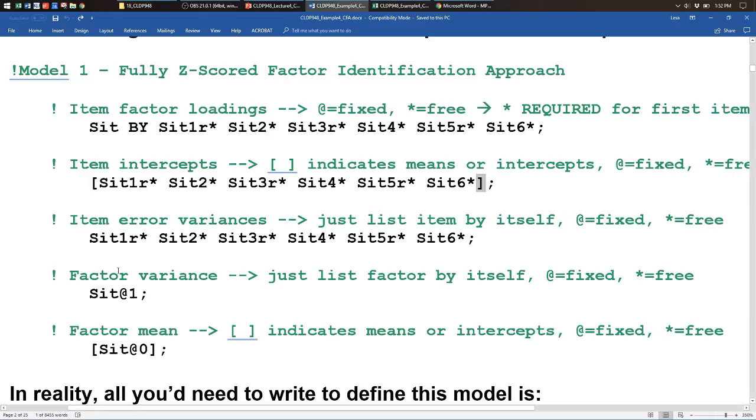Likewise, the same words listed with stars again, no brackets, no at sign in front of it. These are variances. And returning back to my previous example here on the board, E in the empty model, because y hasn't been predicted by anything, that's representing all the variance in y.